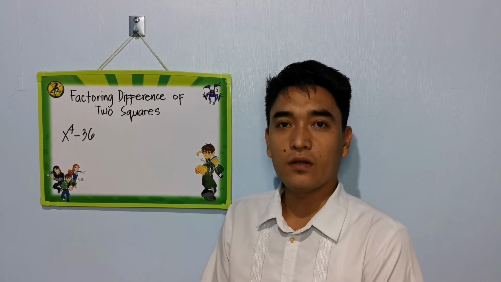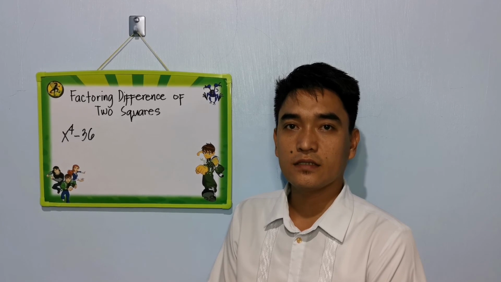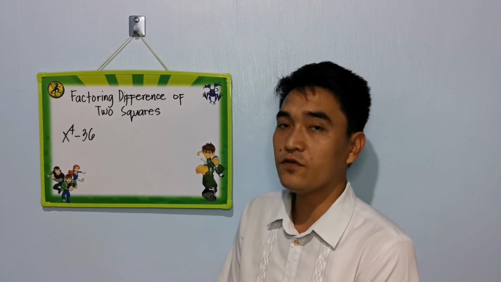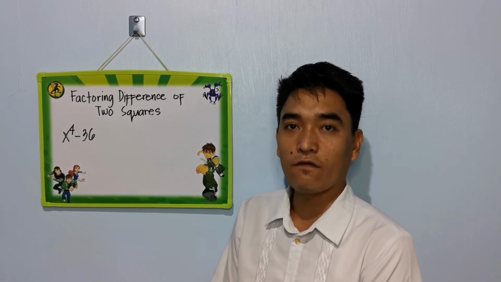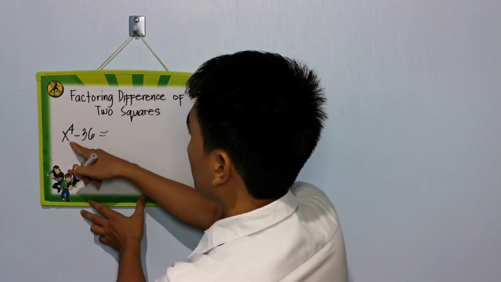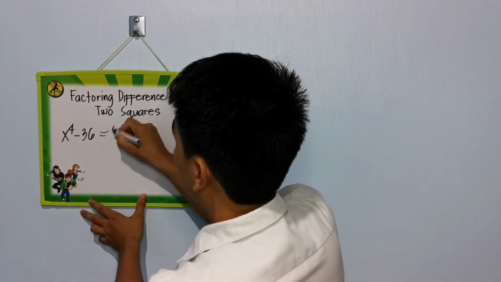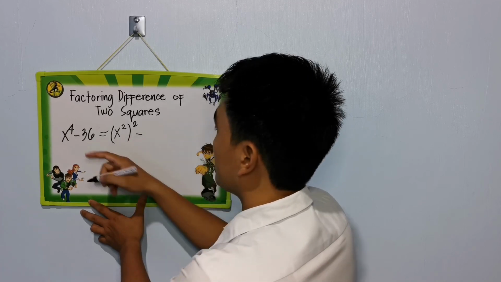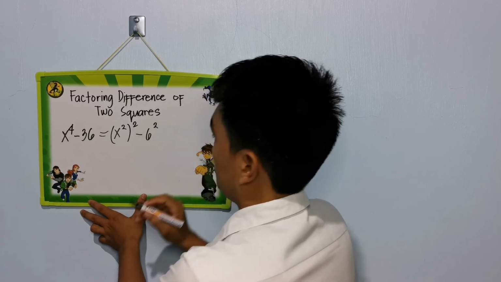Our last example is x to the fourth power minus 36. So the two terms are perfect squares. What we have to do is to express the two terms in the power of 2. So x to the fourth power is also x squared, the quantity squared, while 36 is also equal to 6 squared.